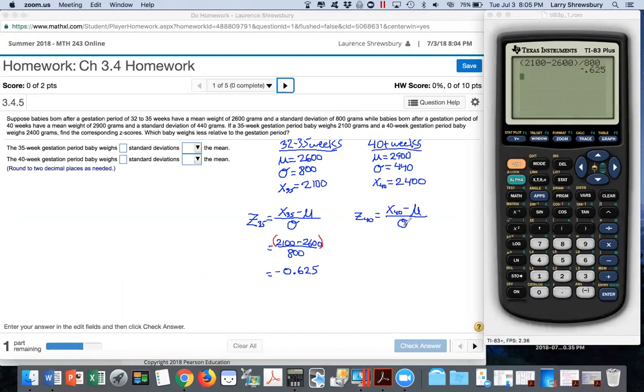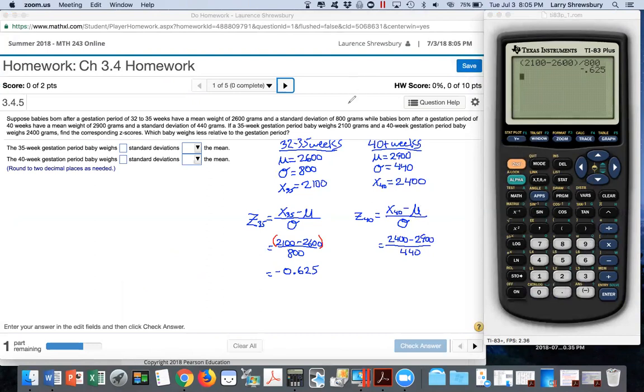In other words, how many times does this fit into that deviation? So that's going to be the 2400, and we're going to subtract the 2900, and divide that by the standard deviation of 440.